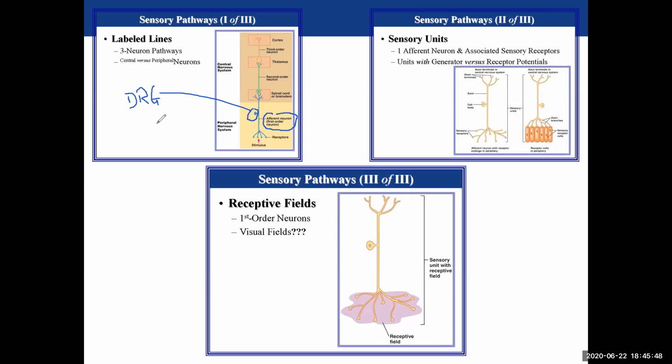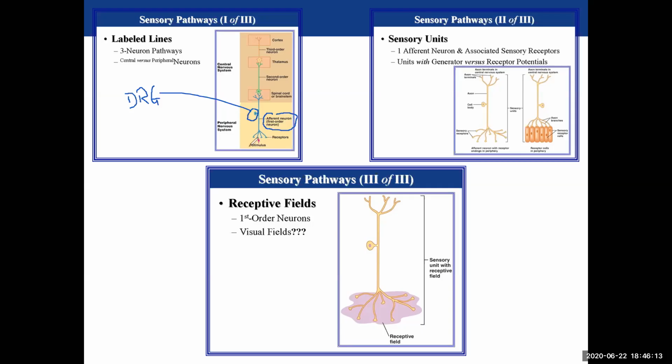So each dorsal root ganglion consists of hundreds of cell bodies of these first order neurons. And these first order neurons are classified as part of the peripheral nervous system. So these first order neurons are peripheral neurons.